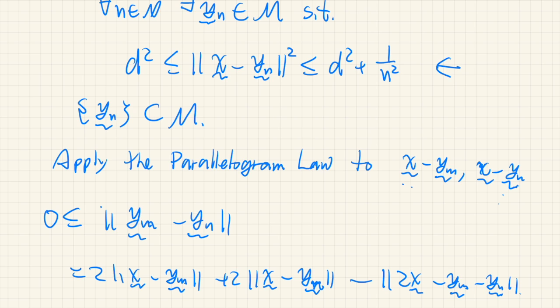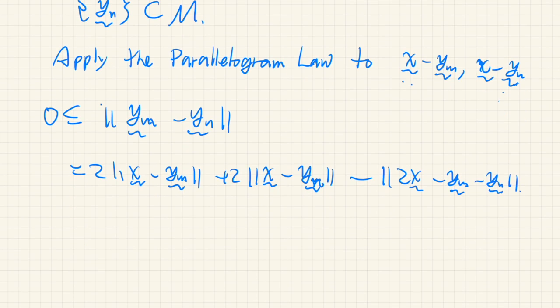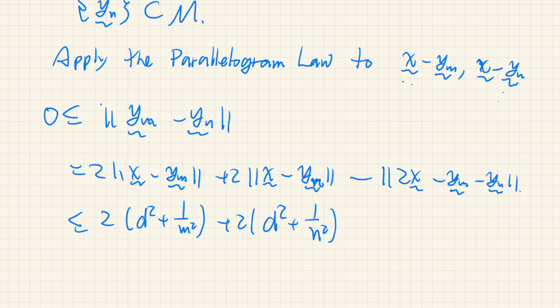Now, using this inequality, this is bounded by 2 times d squared plus 1 over m squared and 2 times d squared plus 1 over n squared.